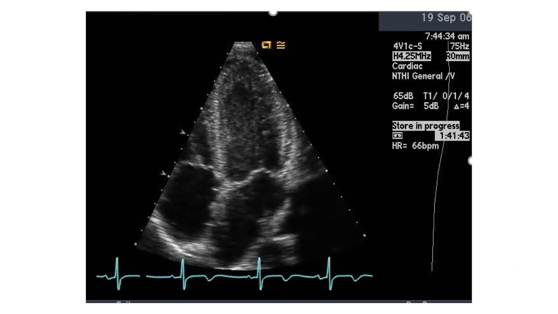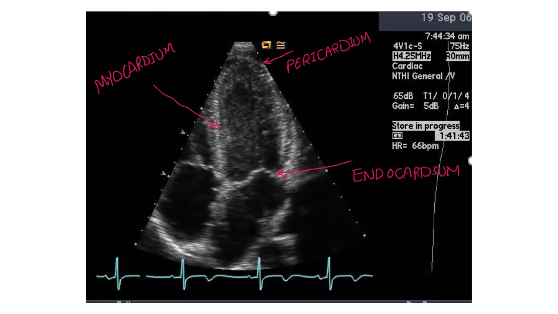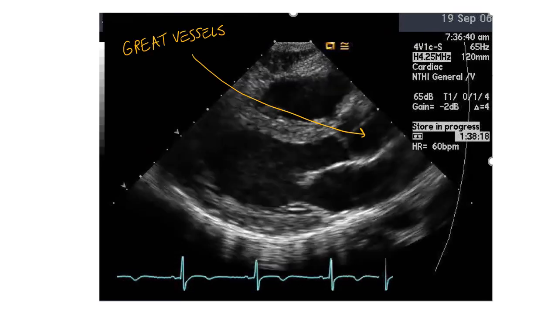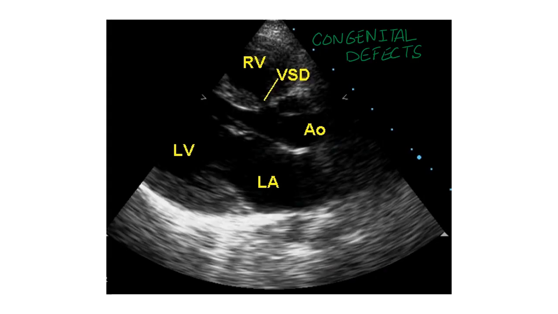Before we discuss any pathology, I'd like to remind you that any problem with the heart has something to do with either the myocardium, the pericardium, the endocardium, or basically the heart chambers themselves, or the great vessels like the aorta and the pulmonary artery, or some congenital defects.